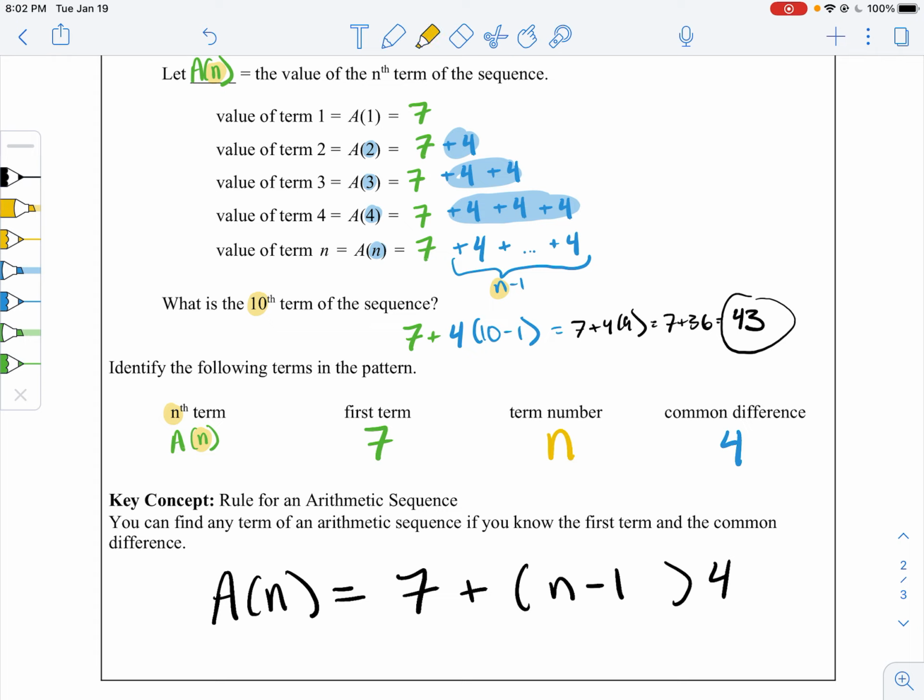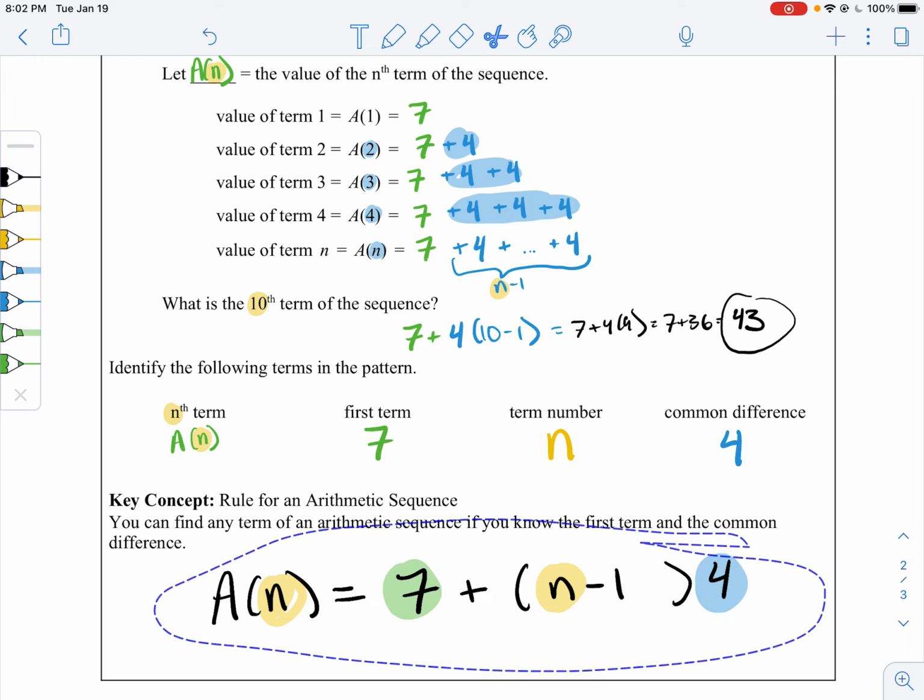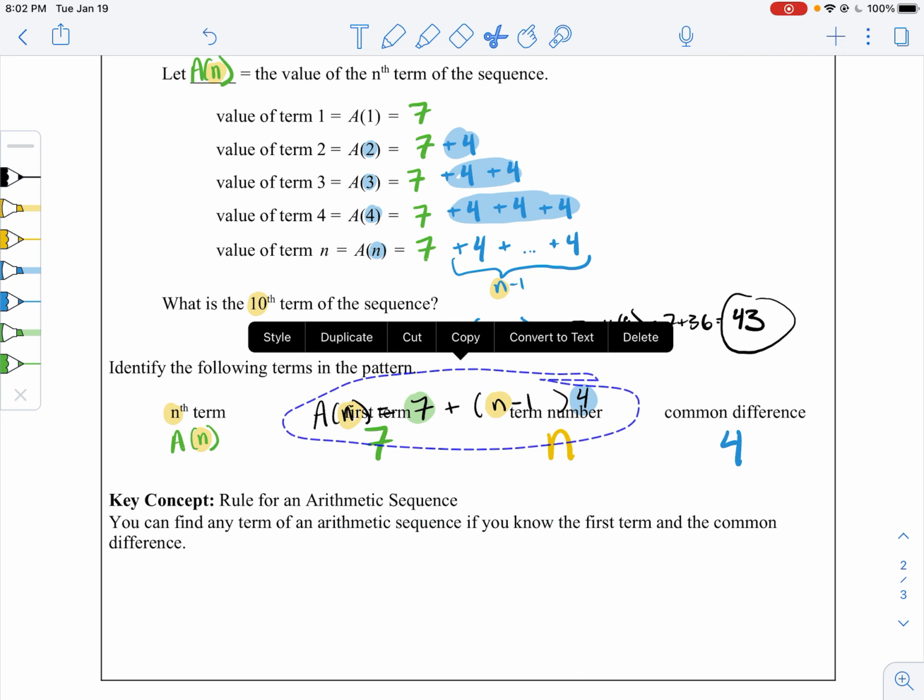So if we have a term number n, we take our first term and our common difference multiplied by n minus 1. That was our pattern.